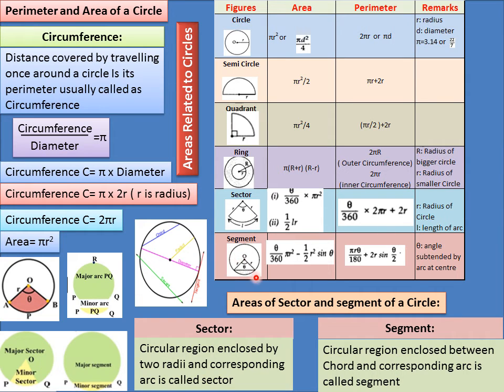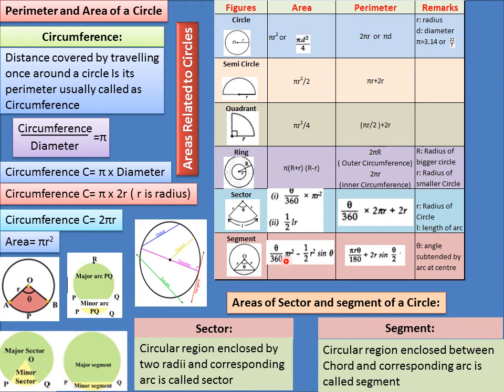Then segment. So this segment here, whatever segment we have, either the minor segment or the major segment, is nothing but this chord and the arc forming this segment. So how to find the area of it? First we need to find the total area of the sector and subtract the triangle area.